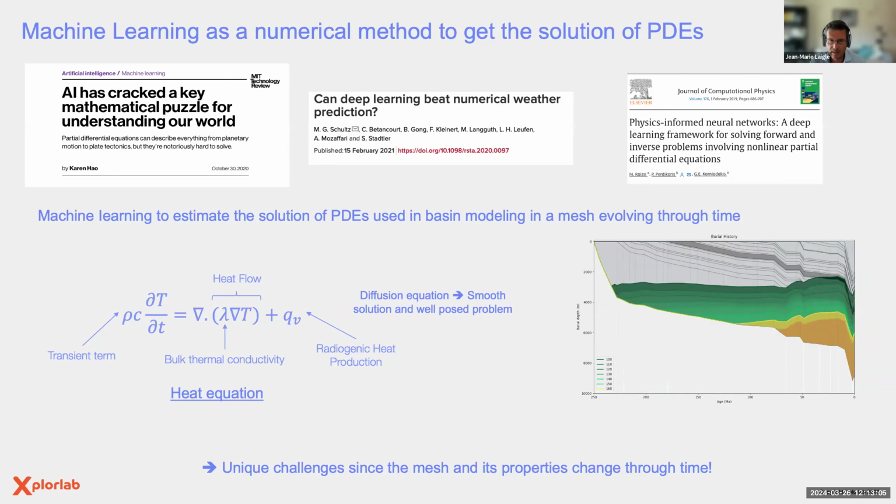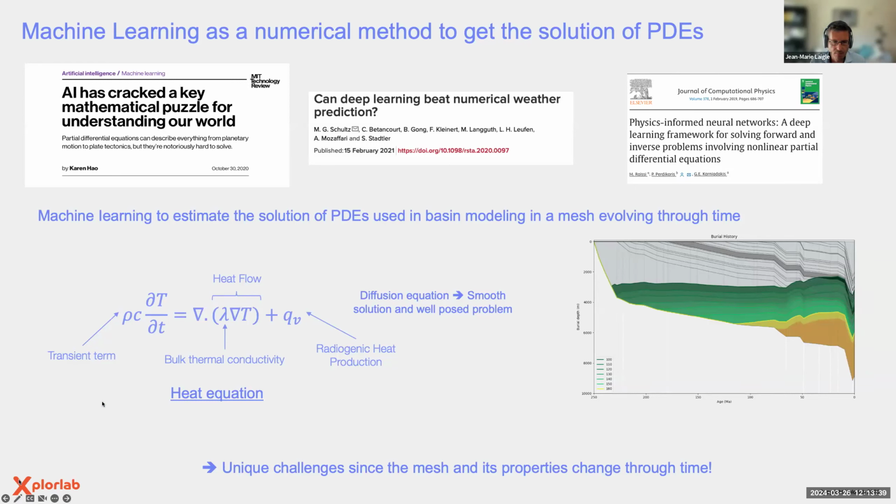And there is a range of techniques which are explored to accelerate solving the physics with machine learning. Here we are going to use it as a method to estimate the solution of the PDEs which are used in basin modeling. There are unique challenges for basin modeling, especially the fact that we model the basin through time, and so the mesh evolves through time, and the physical properties of the mesh also change through time.